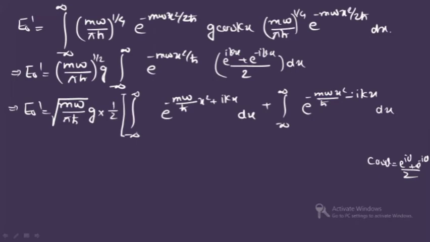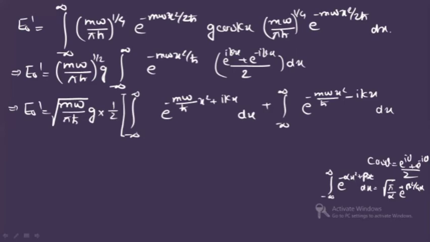Now to solve this integration we will use a formula. We know the integration from minus infinity to plus infinity of e to the power minus alpha x square plus beta x dx is equal to root over pi by alpha e to the power plus beta square by 4 alpha.